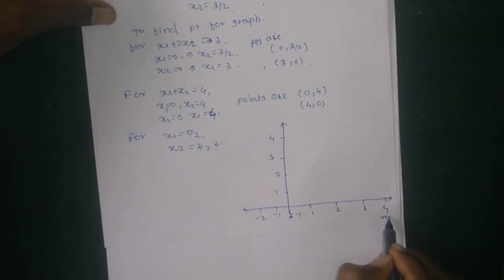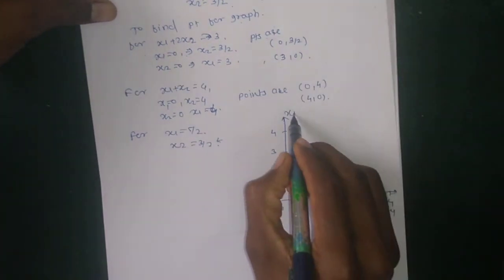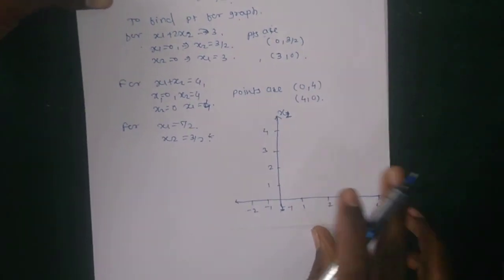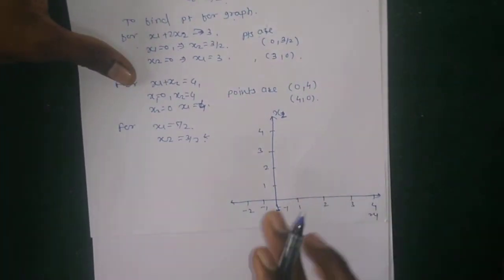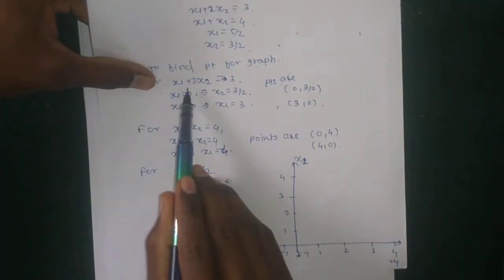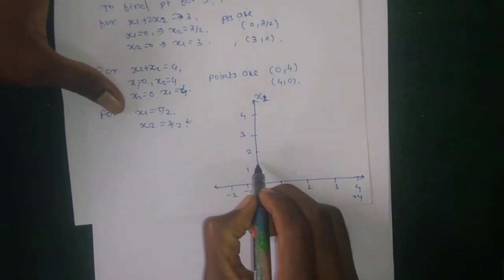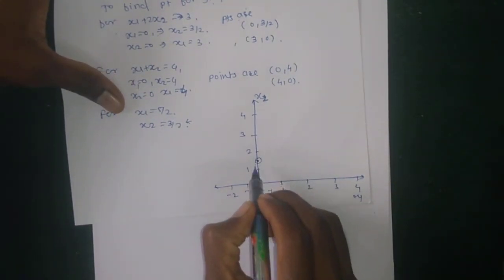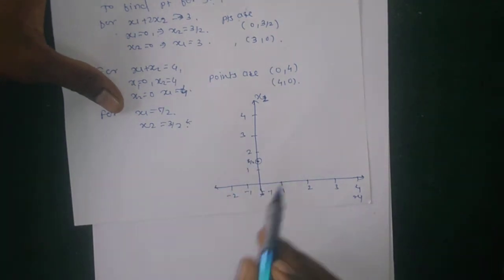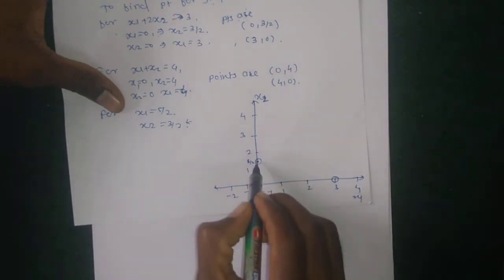This is the x1 axis, this is the x2 axis. Plotting the graph for x1 plus 2x2, the points of this equation are 0, 3/2, where 3/2 means 1.5, and the next point is 3, 0.